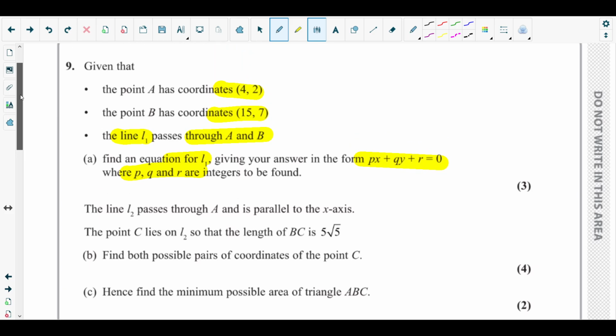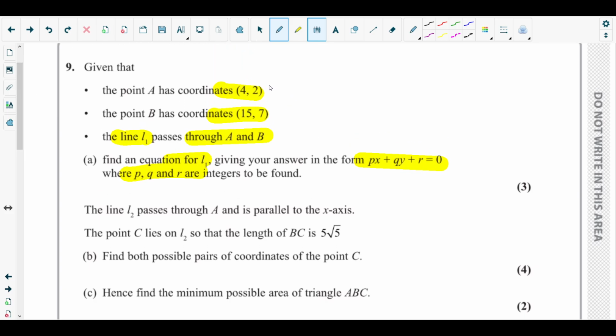We know the 2 points which lie on the line L1, so we can use these 2 coordinates to find the gradient at first, because for finding the equation of line L1 we need the gradient.